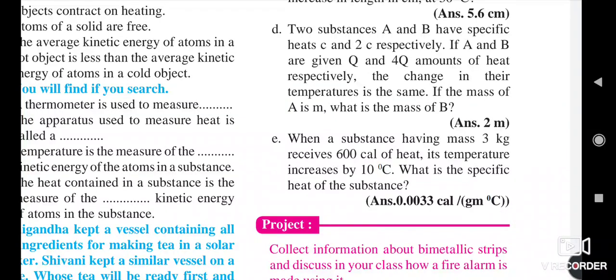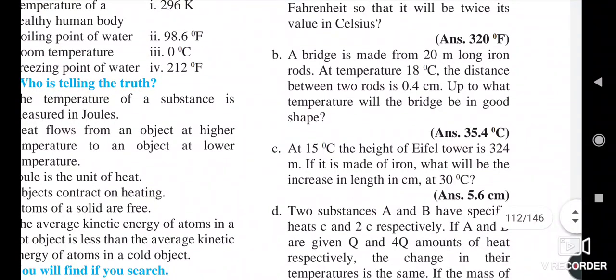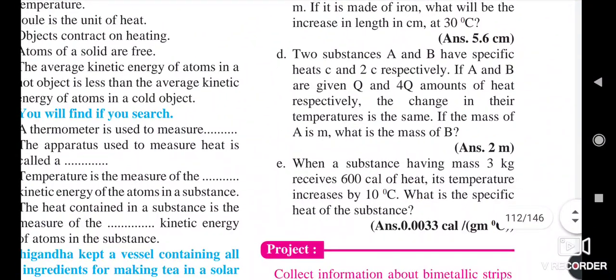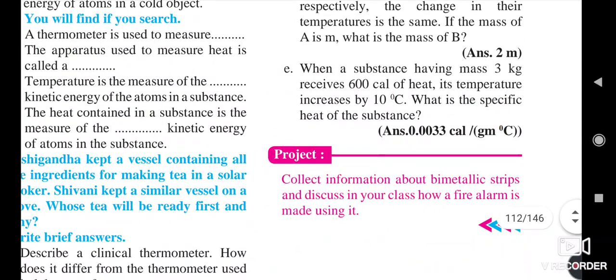So this is your homework for this lesson, that is A, B, C, D and E. Solve these examples with the help of the guide, so you will understand these equations. Okay, thank you.